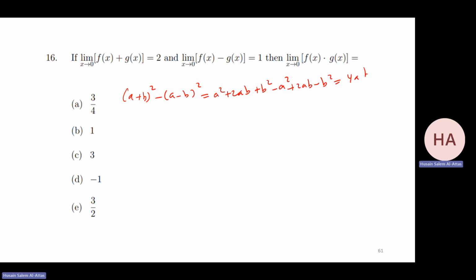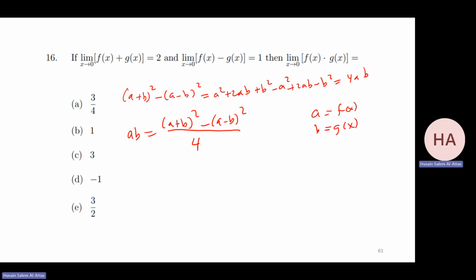So it's 4ab. And a times b is this one. Why do I need this? Because we'll apply it where a is f of x and b is g of x, and we'll take the limit.